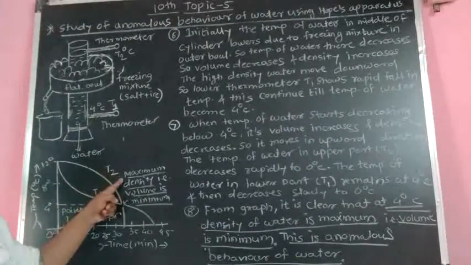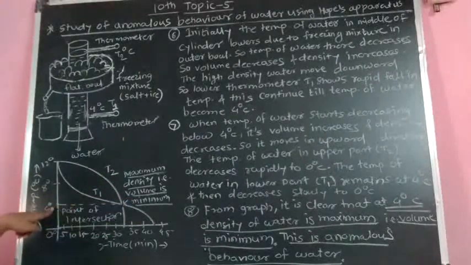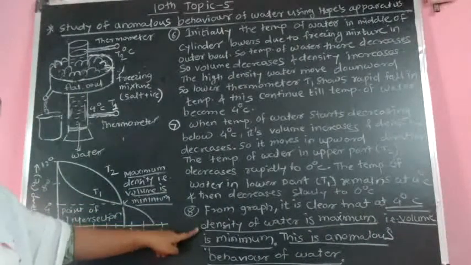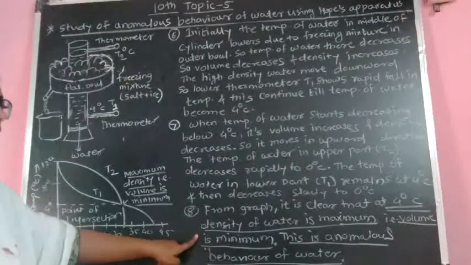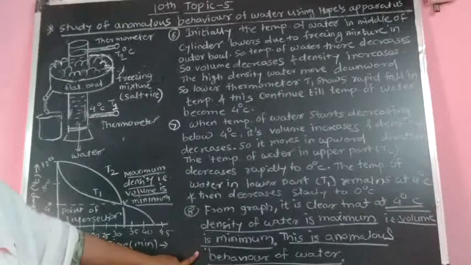That is, when density is maximum, volume is minimum. You can see here the point of intersection is present at 4 degrees Celsius. So from the graph, it is clear that at 4 degrees Celsius, density of water is maximum, that is, volume is minimum. This is the anomalous behavior of water.